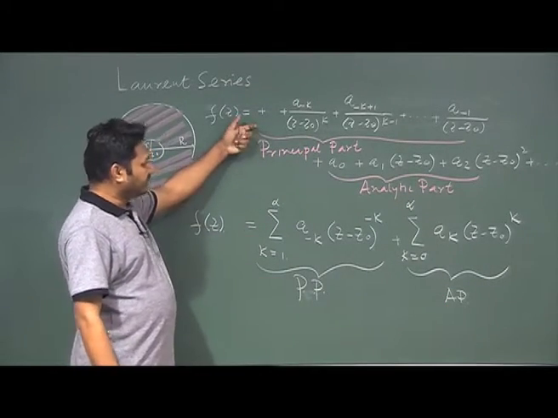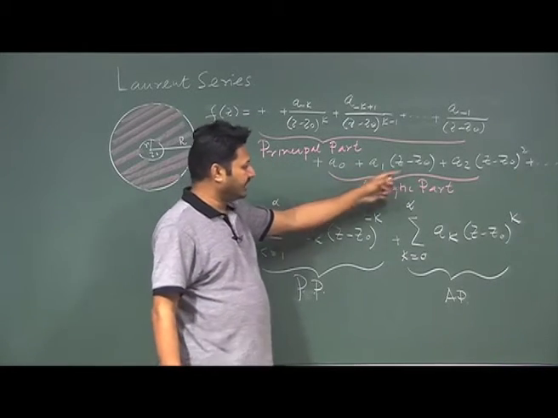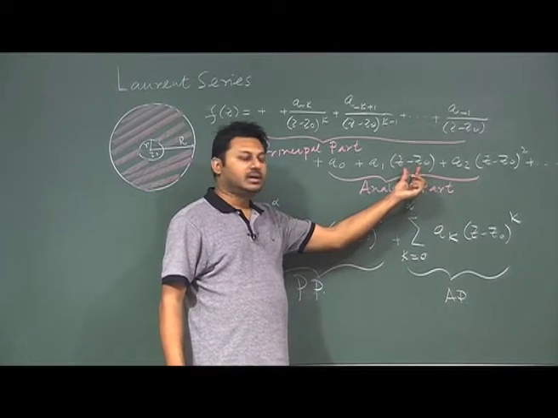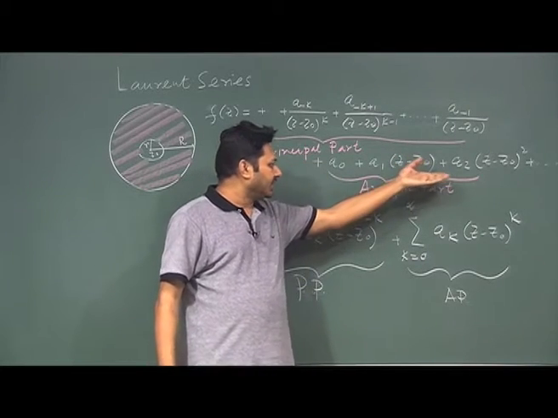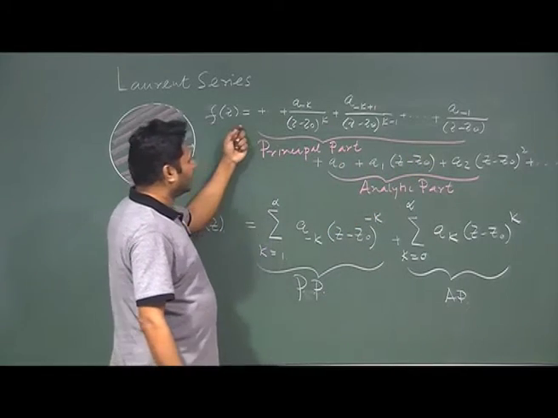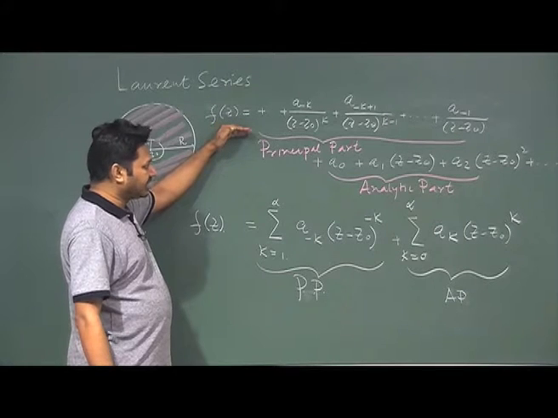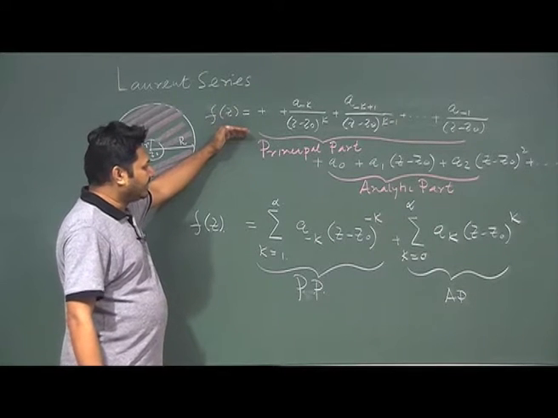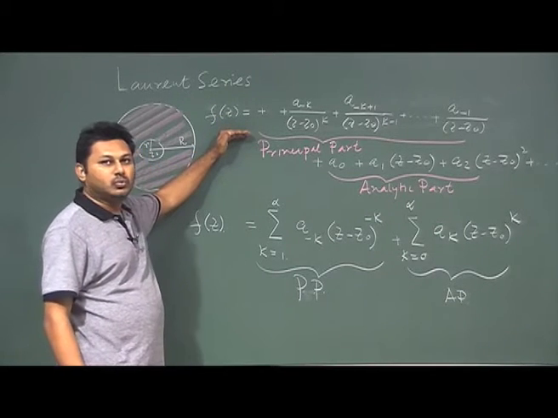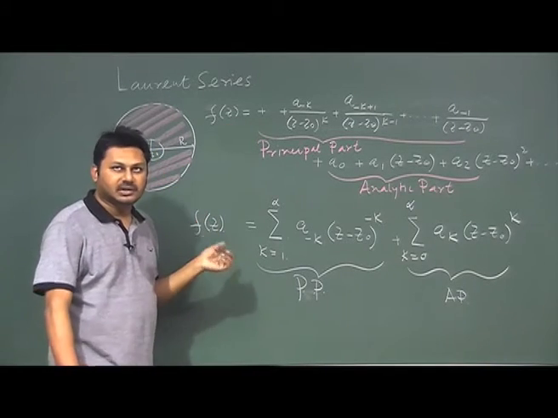This portion is analytic because at the point z = z0 this part does not have any singularity, but if I expand the function in this particular form, that means at z = z0 we have singularities. This singularity we have discussed in the last class.